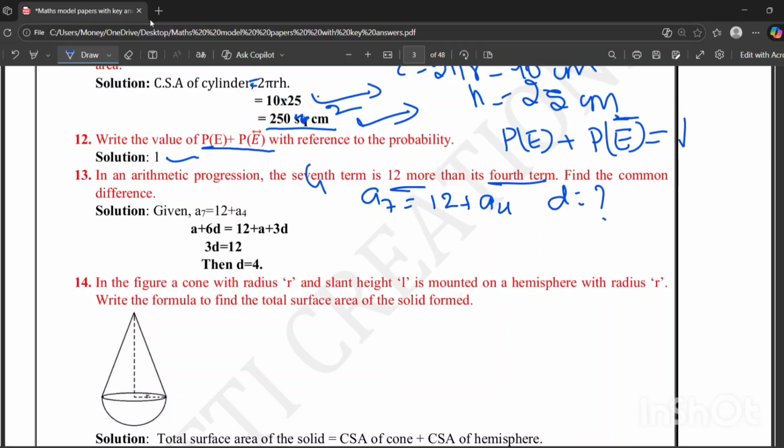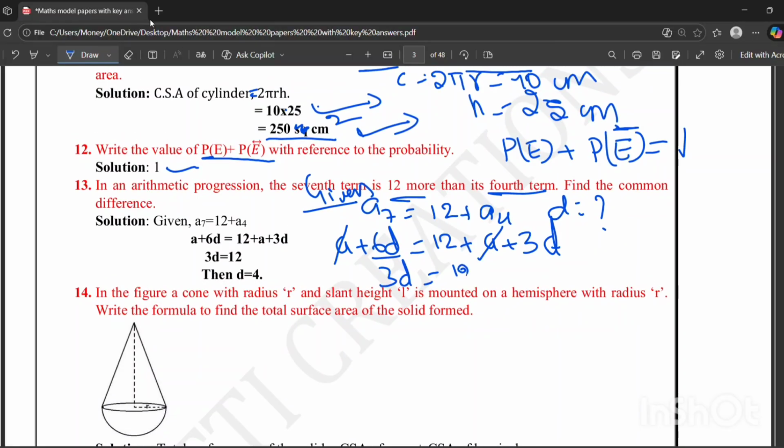Find the common difference, means D you have to calculate. First you have to write the given, then you have to solve the question. So A7 equals a plus 6d, and 12 plus A4 equals 12 plus a plus 3d. Here this a gets cancelled, and 6d minus 3d means we will get 3d equals 12. So 3 fours are 12, D equals 4.